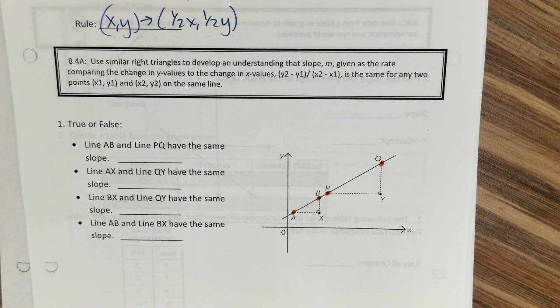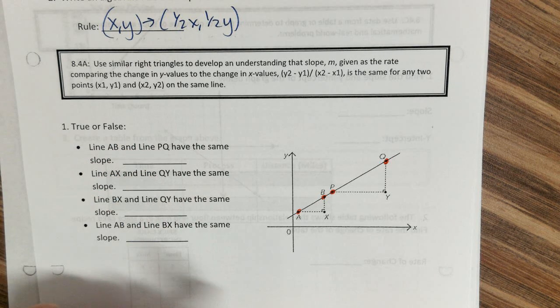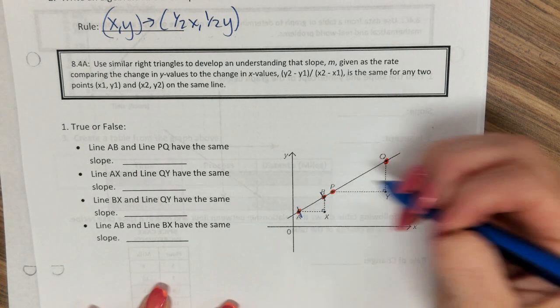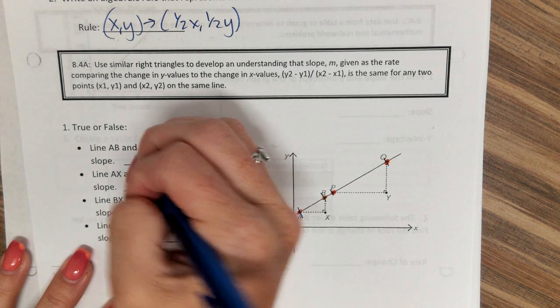Because they fall on the same line. Is everybody good? Now it says true or false. Line AB and PQ have the same slope. All you need to do is say, do they fall on the same line? So everybody look. AB, PQ, do they fall on the same line? Then they have the same slope. So that's true.